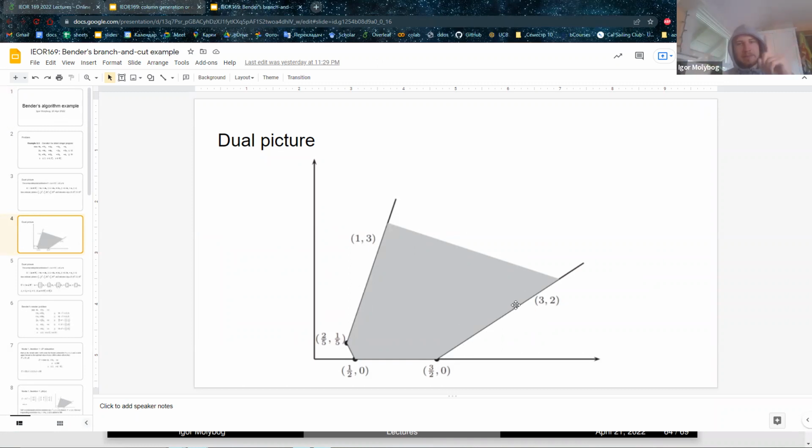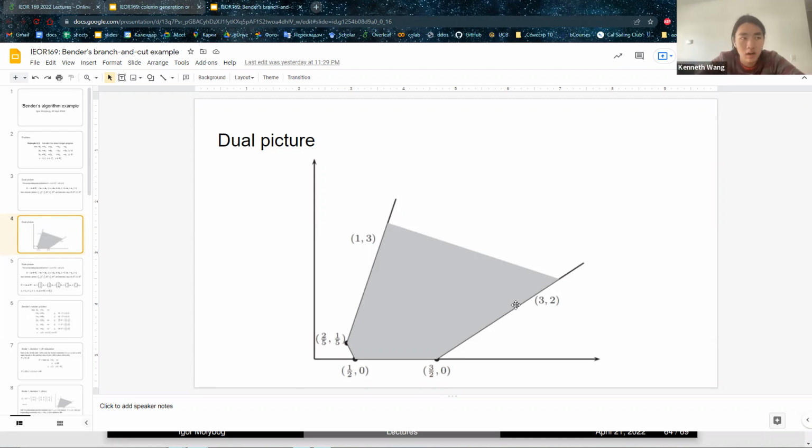Basically, it's the directions in which you can still go into infinity while still being inside of your feasible region. But if you deviate from this direction, you will get outside of the feasible region. Does that make any sense? So it's the idea of direction, like unboundedness. Yeah, we're unbounded in this extreme ray direction.